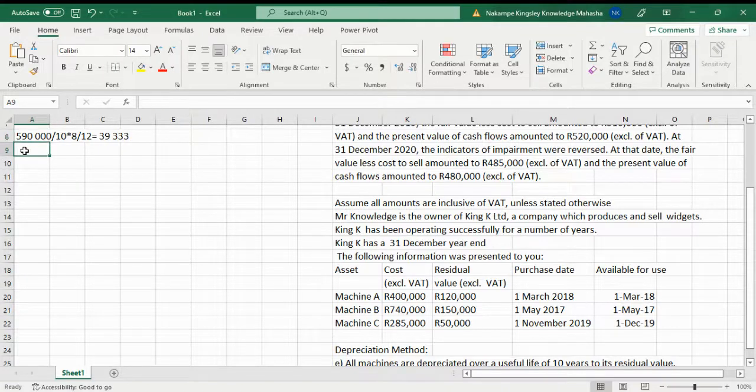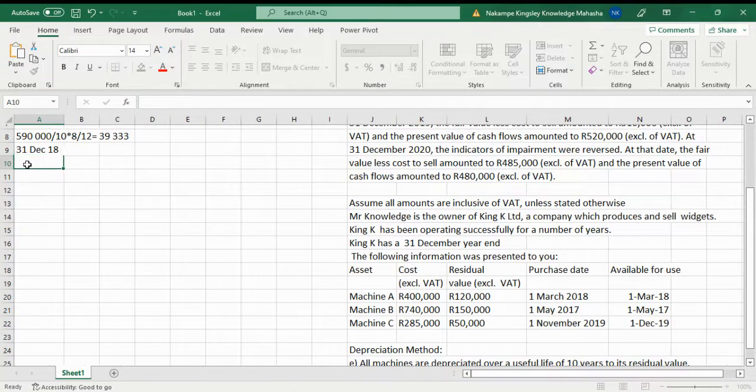Now for 31st December 2018, we just take our depreciable amount and divide by 10, because the asset has depreciated for the entire year. You're going to get 59,000.